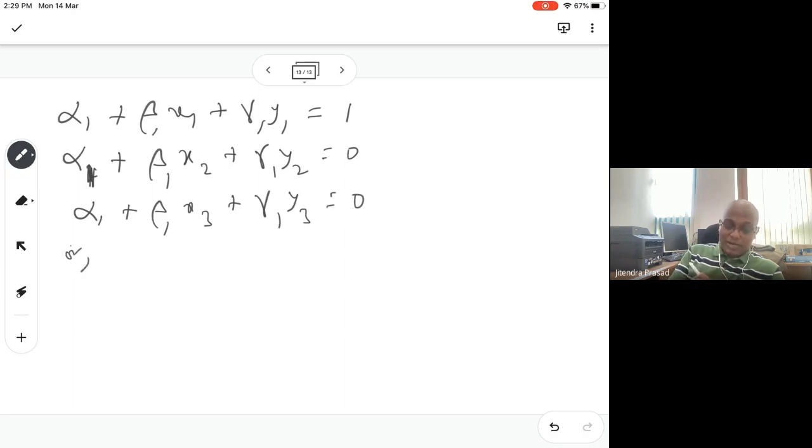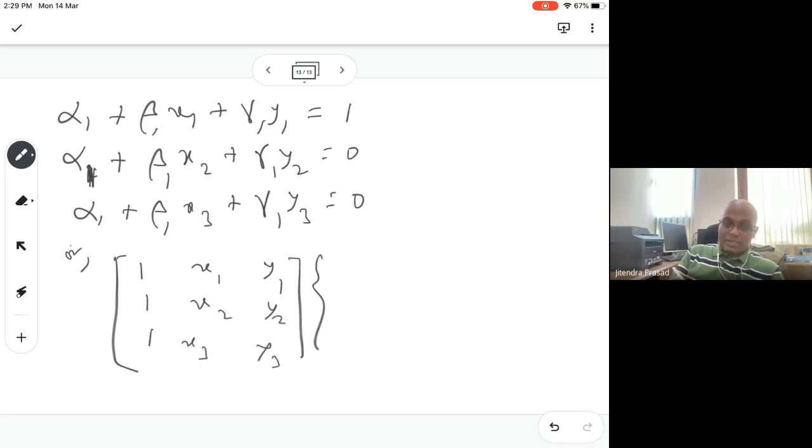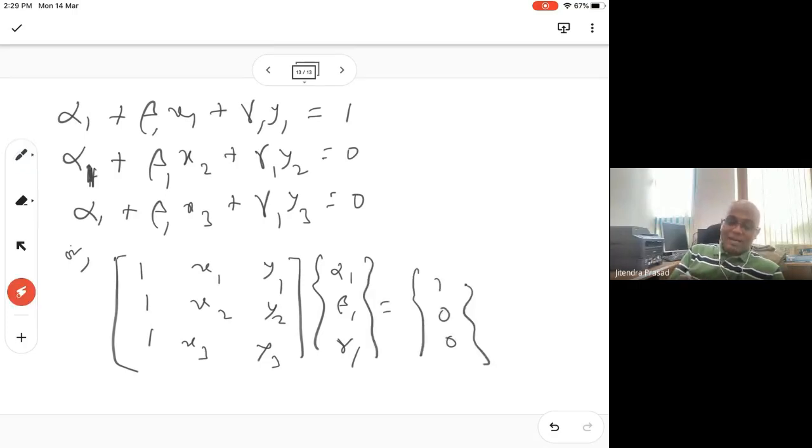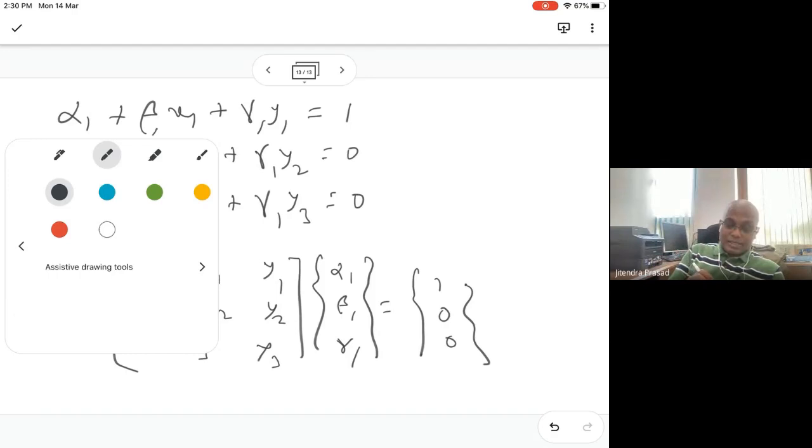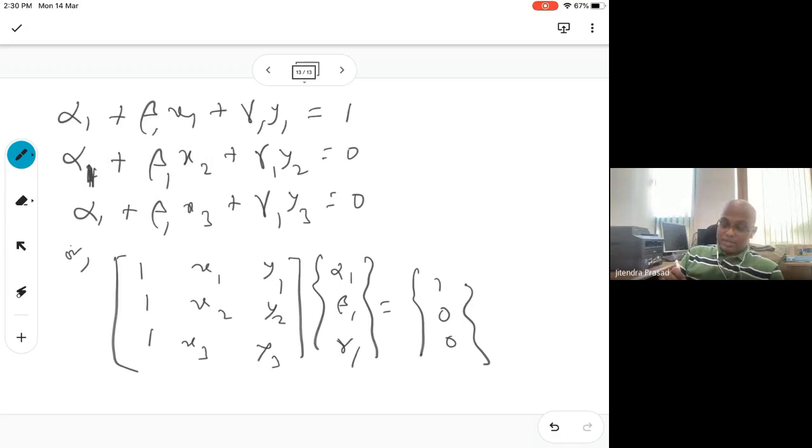Or you can write it as the matrix with rows 1 x1 y1, 1 x2 y2, 1 x3 y3, times alpha 1, beta 1, gamma 1, equal to 1, 0, 0, and you can find these by inverting this matrix.